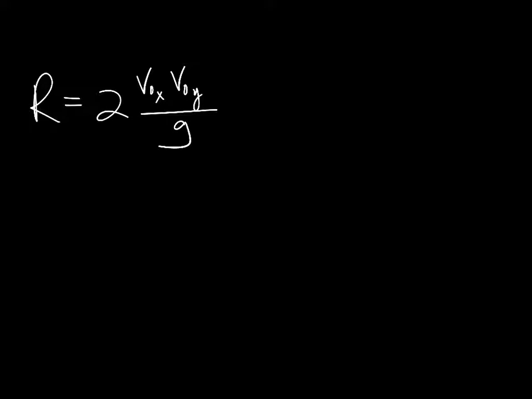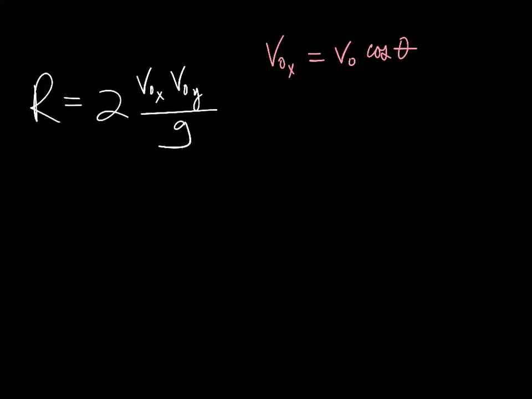So let's think for a minute. Now, at this point, if you just said, well, I remember that the x part of any vector quantity will be that quantity times the cosine of the angle.